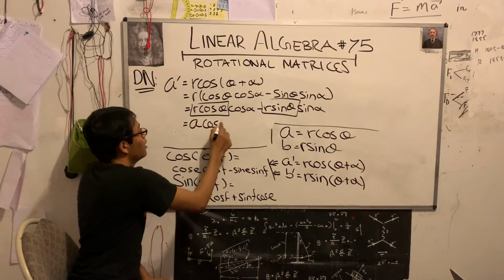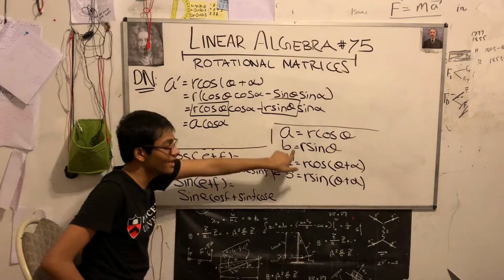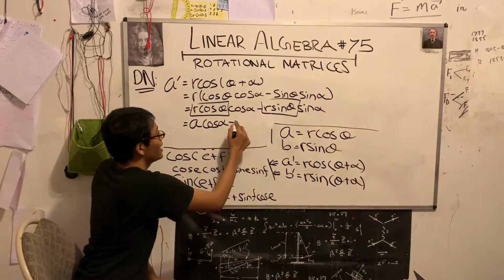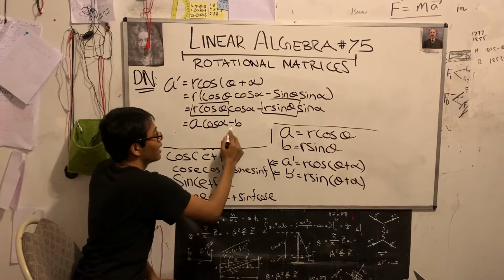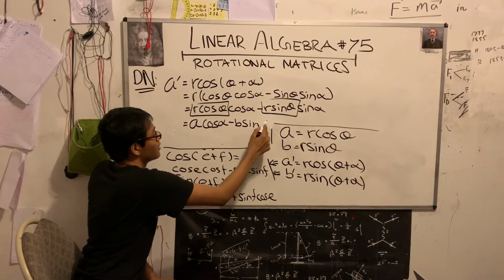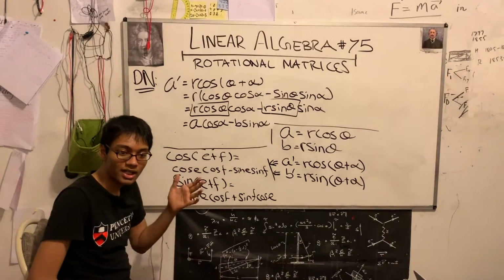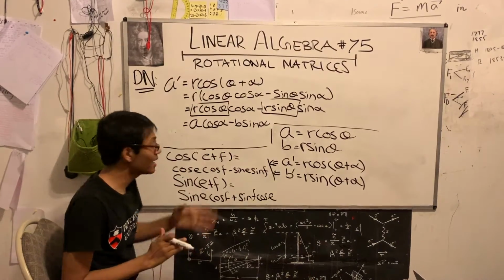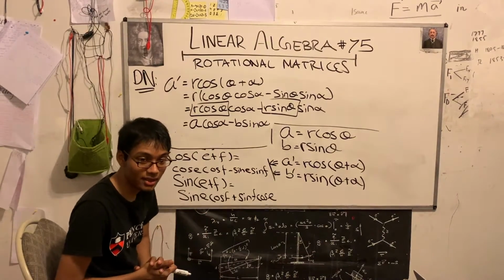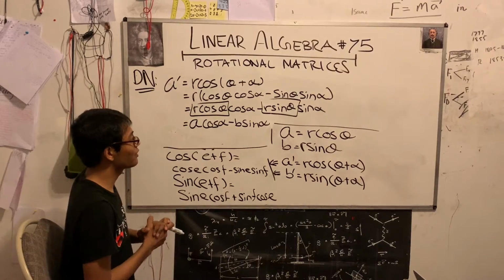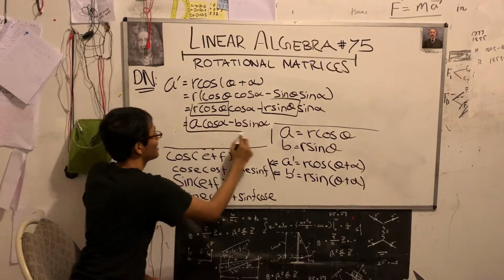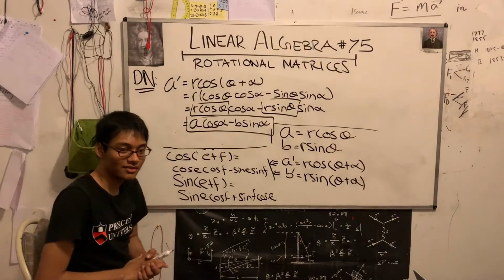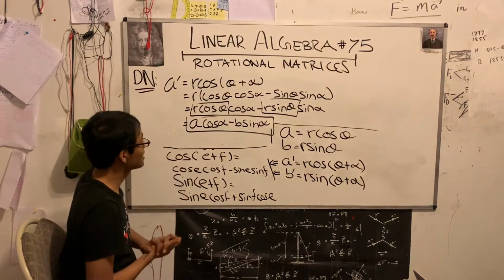And instead of r sine theta, I can just write B, minus B sine alpha. What a genius move. That right there is the pinnacle of algebraic substitution. So that was the end of the lesson.